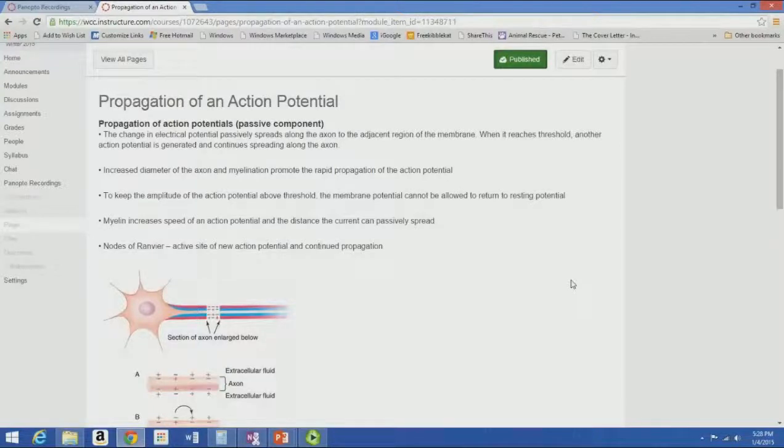As you start to generate more and more depolarization, when it reaches a threshold, another action potential is generated and it continues to spread along the axon. So that's when we talk about there being a passive component and an active component. It spreads a little just because as those sodium ions are going in, it's becoming more positive.